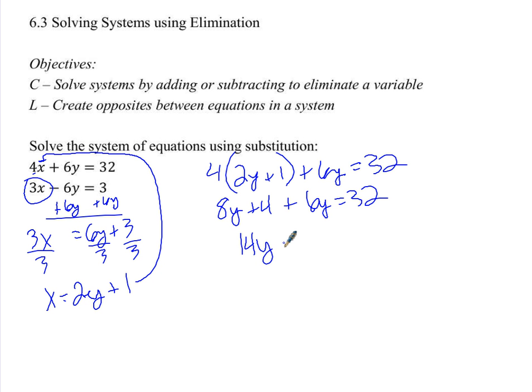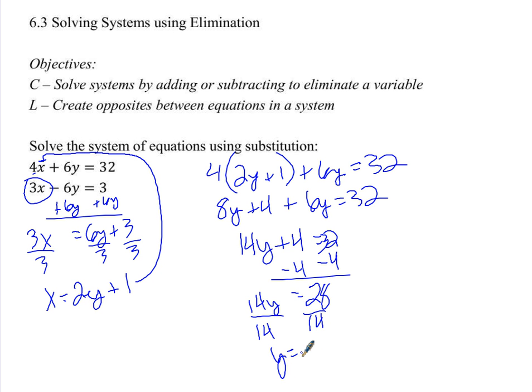Keep going. Plus 4 equals 32. Subtract 4. 32 minus 4 is 28. And then divide both sides by 14, and you get y equals 2.